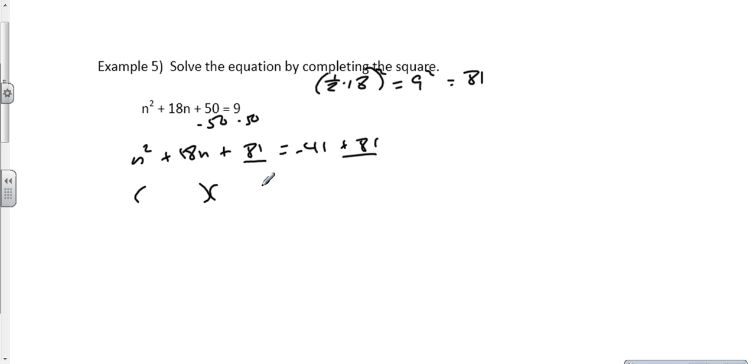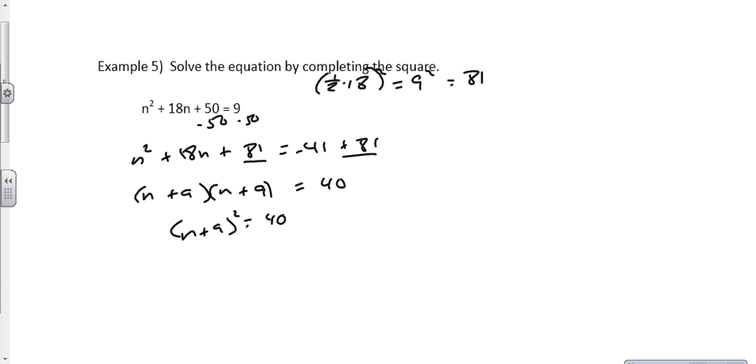The left side is factorable, and it's going to give me n, factors of 81 that add up to 18 are 9 and 9. And 81 minus 41 is 40. And we have n plus 9 quantity squared equals 40.